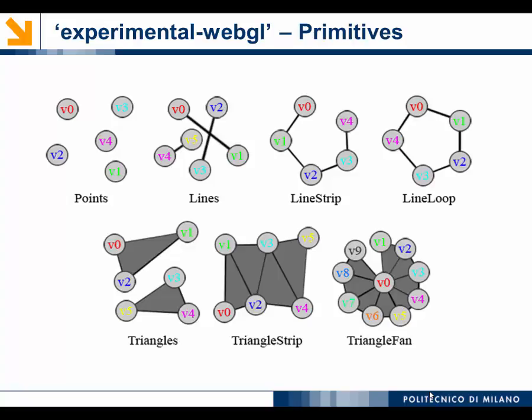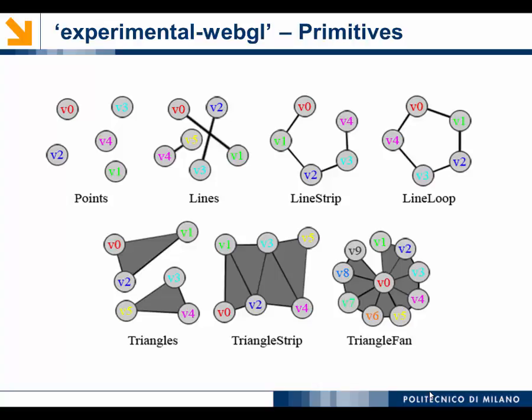In the second case, instead, I have 6 vertices and I ask them to use the lines. This means that each pair of vertices will be connected by a line whose pixels are interpolated between the values of the 2 vertices. If instead I ask for a line strip, then each vertex, except the first one, will be connected to the previous one by a line.